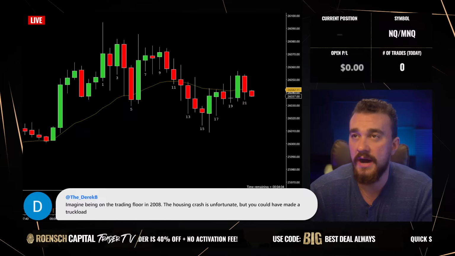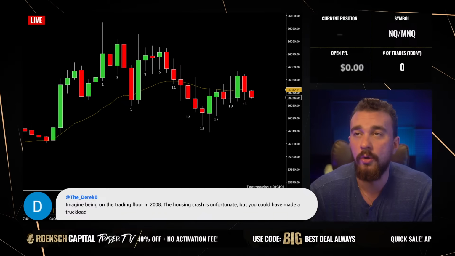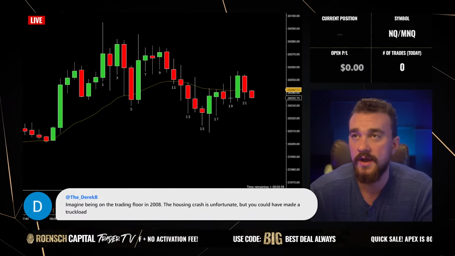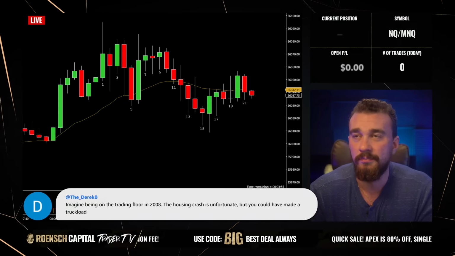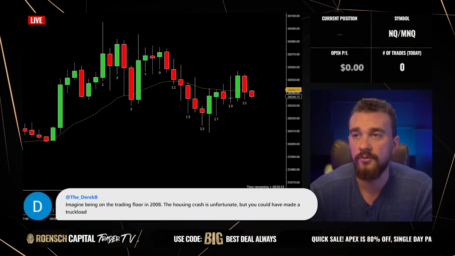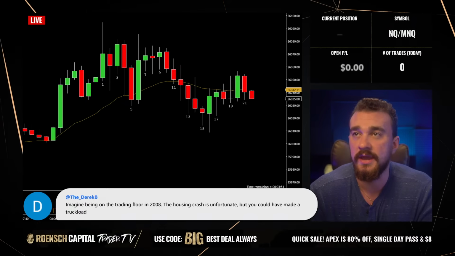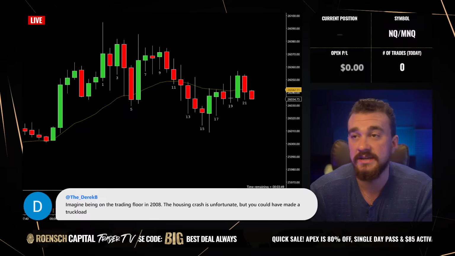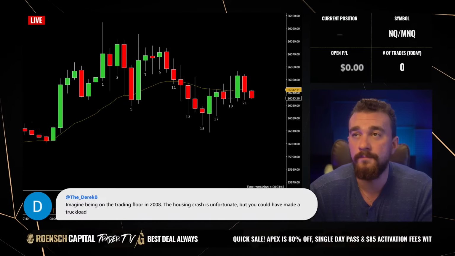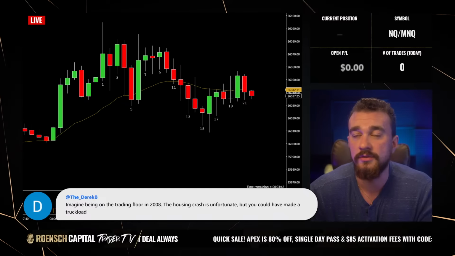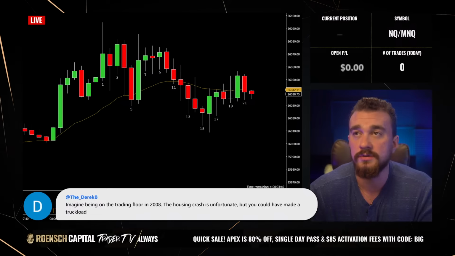Either propping the bottom, loading the boat with futures contracts, getting probably a little lucky. But there were some traders in Chicago who propped the bottom in the 87 crash, which is insane to think about. If it weren't for the trading floor in Chicago, the 87 crash probably would have been a hell of a lot worse.